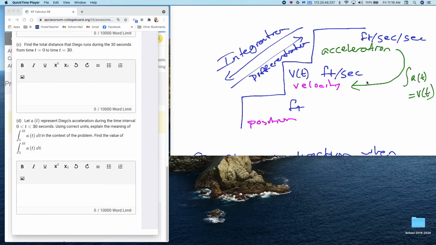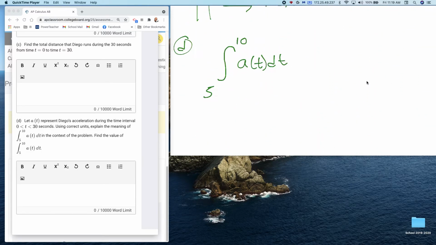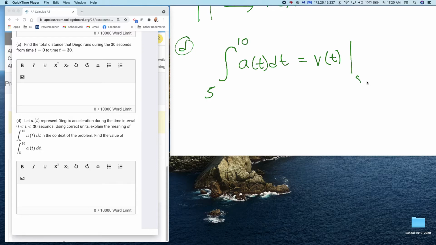If you're calculating the value, it's much easier than some of you made out to be, because what this would be is v of t evaluated from 5 to 10, because when we integrate acceleration, we get velocity.